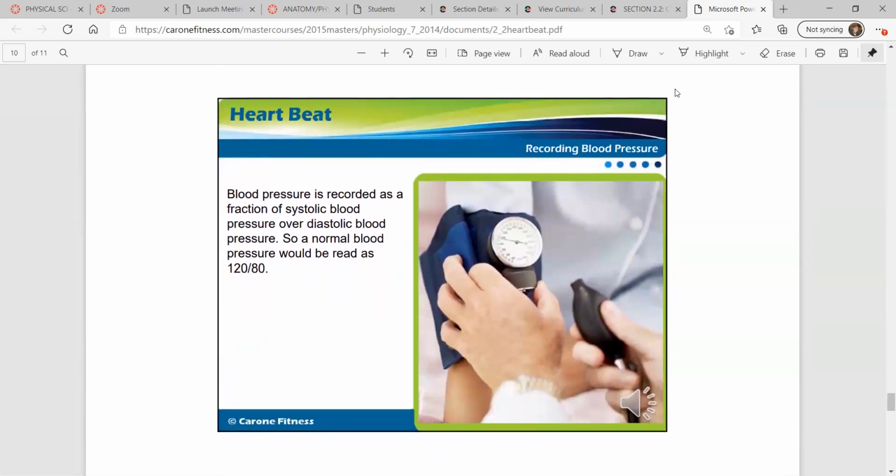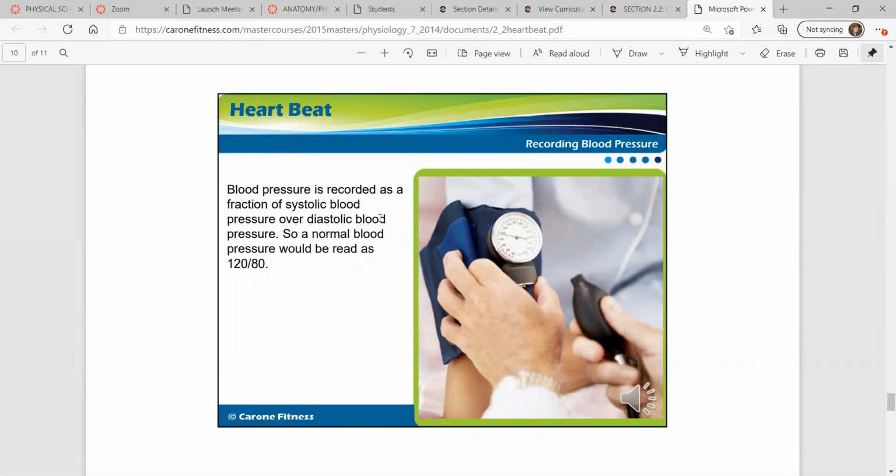And the way it's recorded is as a fraction. So it's systolic blood pressure over diastolic blood pressure. So a normal blood pressure would be read as 120 over 80.